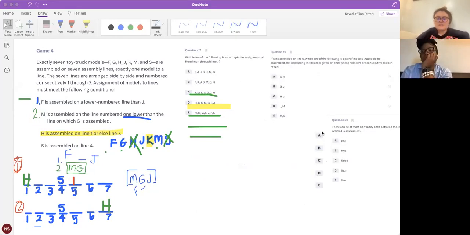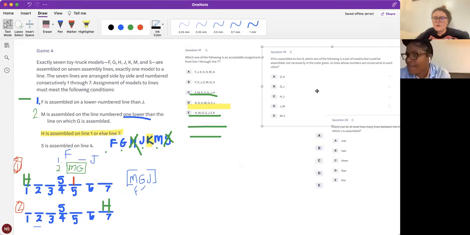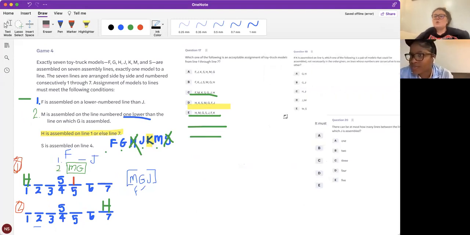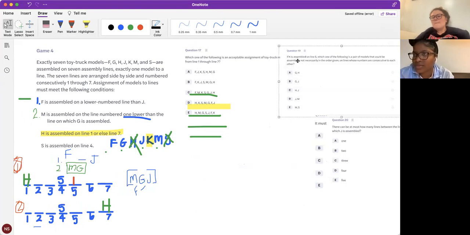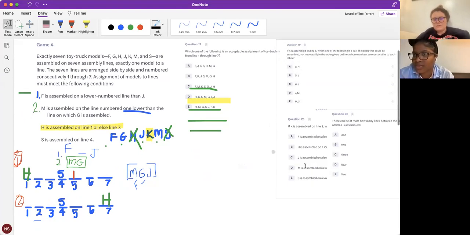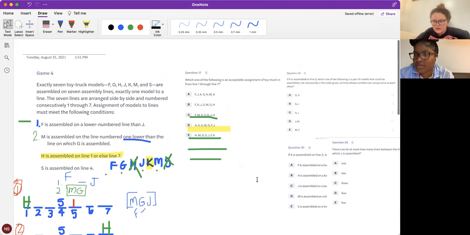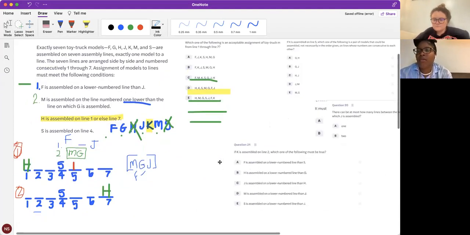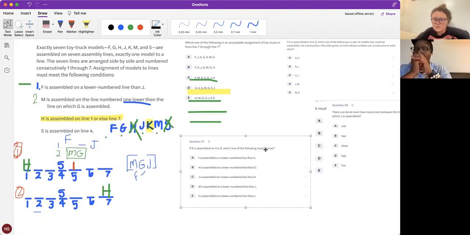And then I would skip. I like to do the if questions first. So I just saw this. Why is that? Because I think the new world questions are easier. This was a hard new world question, but I'm going to show you one. This next one here that I would do is 21. And it starts with the word if.